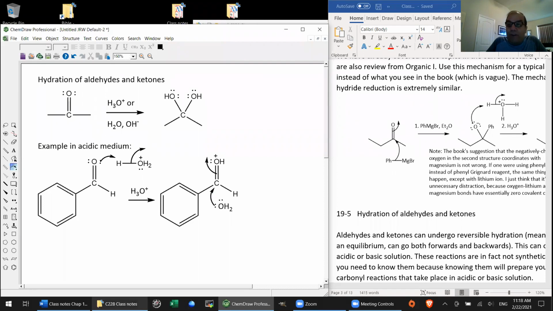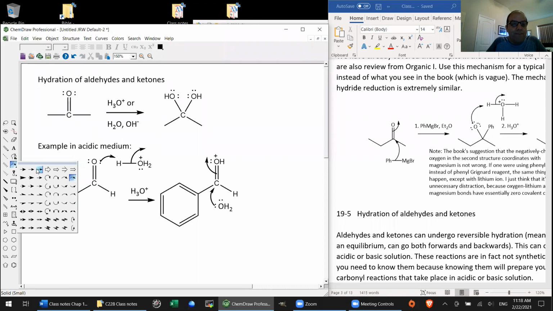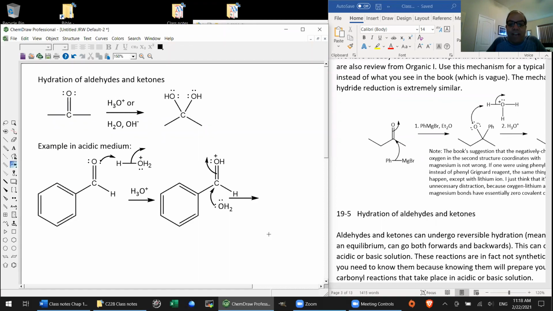Always look at what you're given and make sure that the species you draw in a mechanism makes sense. You should never make your decisions as to what you're going to put next in a mechanism based on muscle memory or rote memorization. That's not the way to approach this. You should always be thinking at every step, what should I put here? What makes sense to put here? Well, what am I given? What makes sense given what's in the reaction mixture?